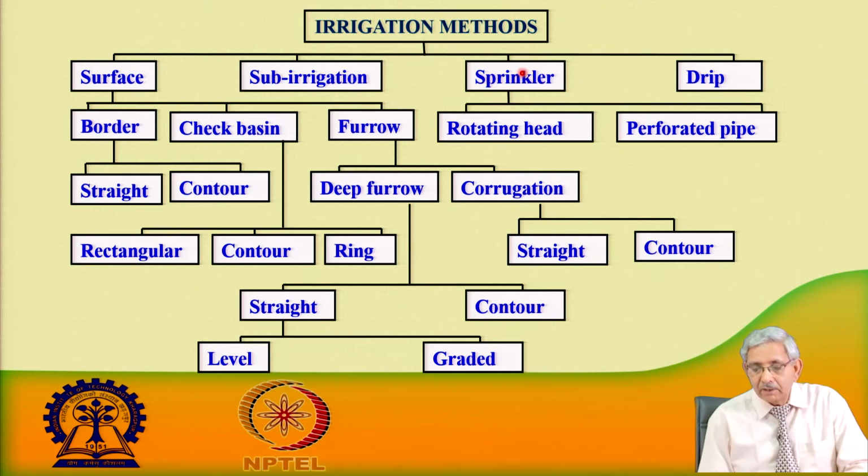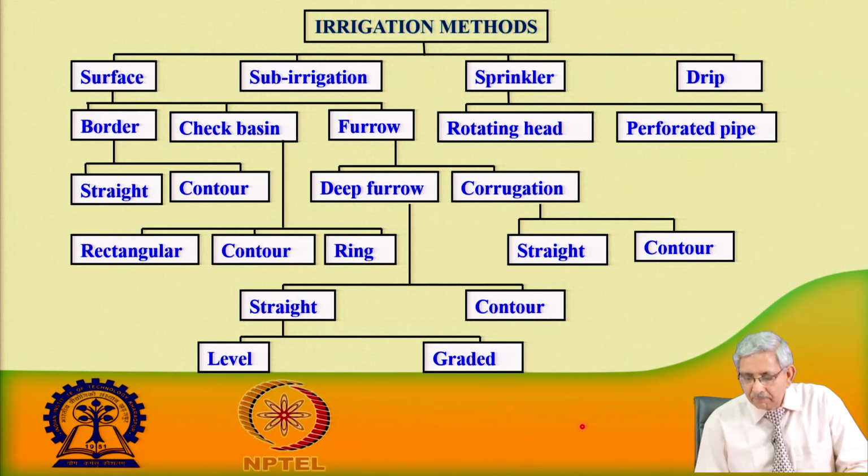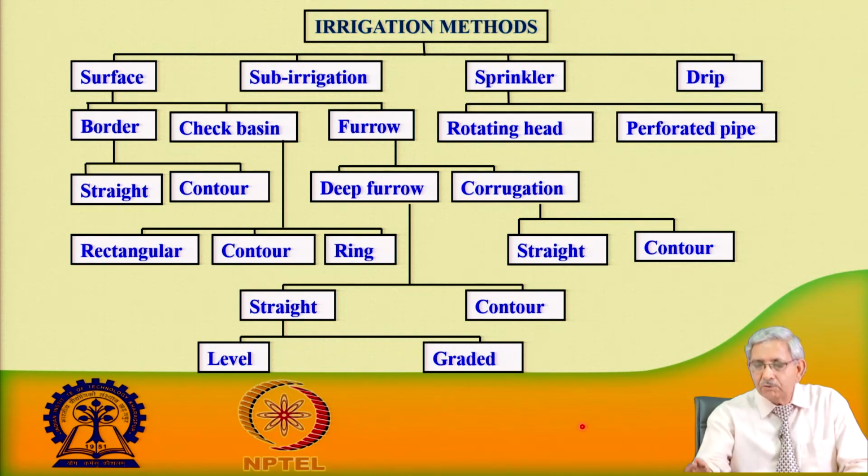In sprinkler irrigation systems, there is quite a big classification. When we come to the sprinkler irrigation lecture, we will go into more detail, but here we can have a rotating head sprinkler system, or a perforated pipe where water spills out in the form of a spray or tiny streams out of perforations made in the pipe.